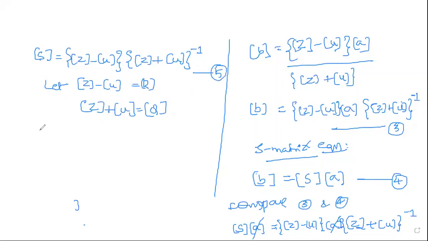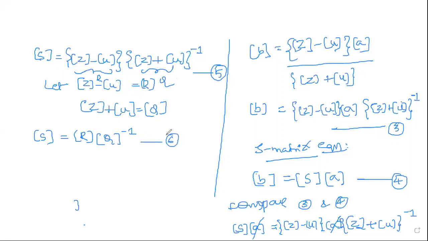Substitute these parameters in the sixth equation: S matrix is equal to R matrix, because Z minus U I'll consider as R, and Z plus U I'll consider as Q. So this will be Q inverse. Let this equation be 6.